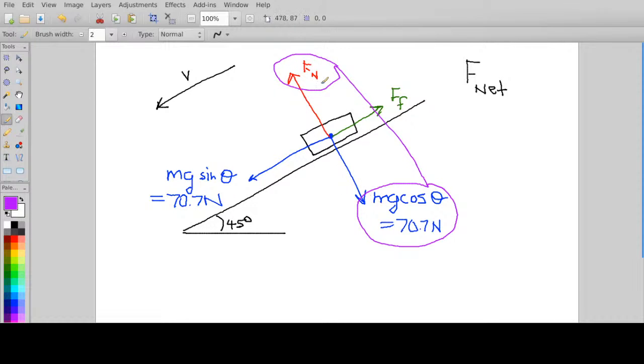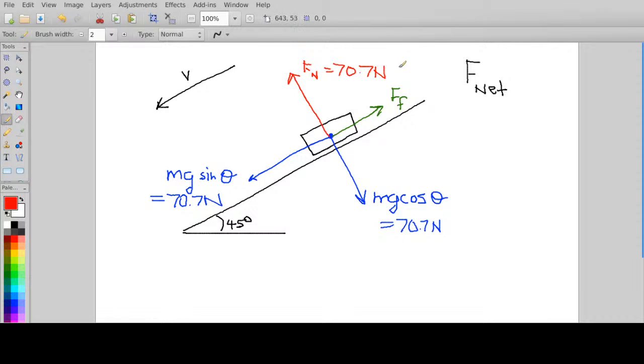Neither of them can win, because if the normal force is bigger than the perpendicular component, that's 70.7, then this box would lift off the inclined plane. Okay? And if the perpendicular component of the force of gravity wins, well, then the box would dig into the inclined plane, and neither of those things are happening. And so neither of them can win. And so the normal force here has to turn out to be 70.7 newtons as well.